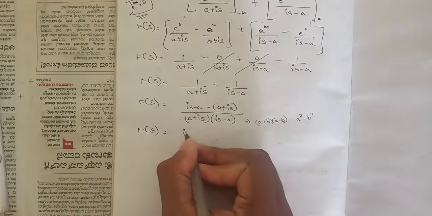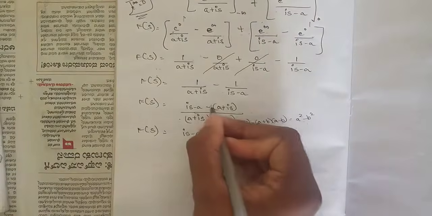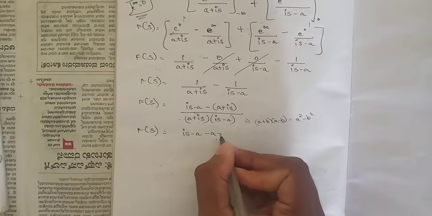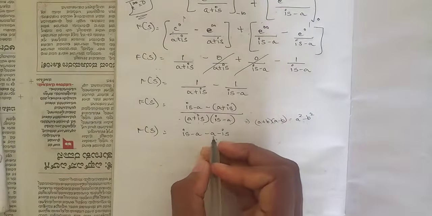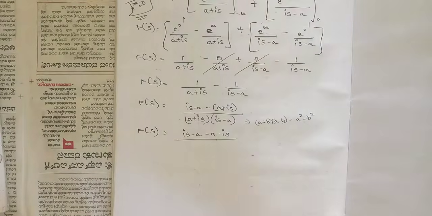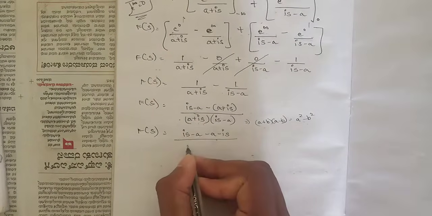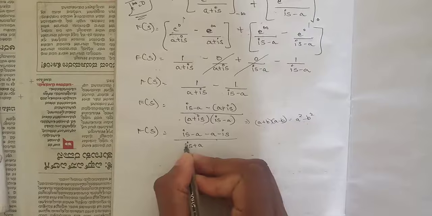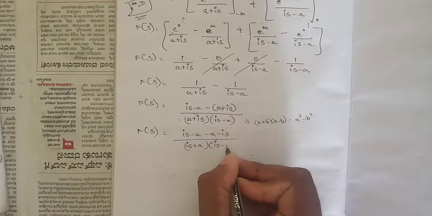So this becomes s minus a, multiply the minus sign, minus a minus s, divided by s plus a into s minus a.